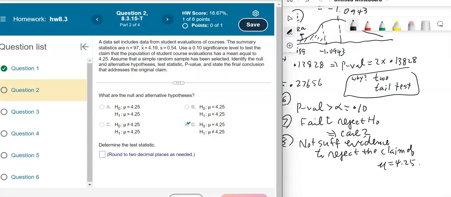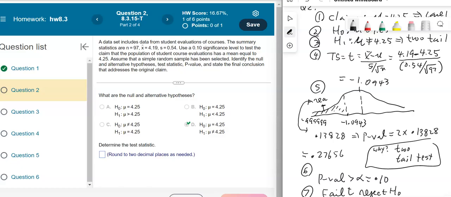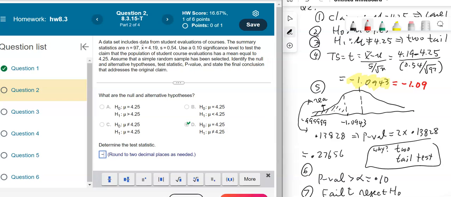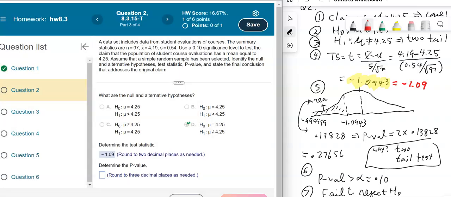And then test statistic. I got the test statistic right here. To 2 decimals, I'm going to say negative 1.09. P-value, I have a p-value right here.